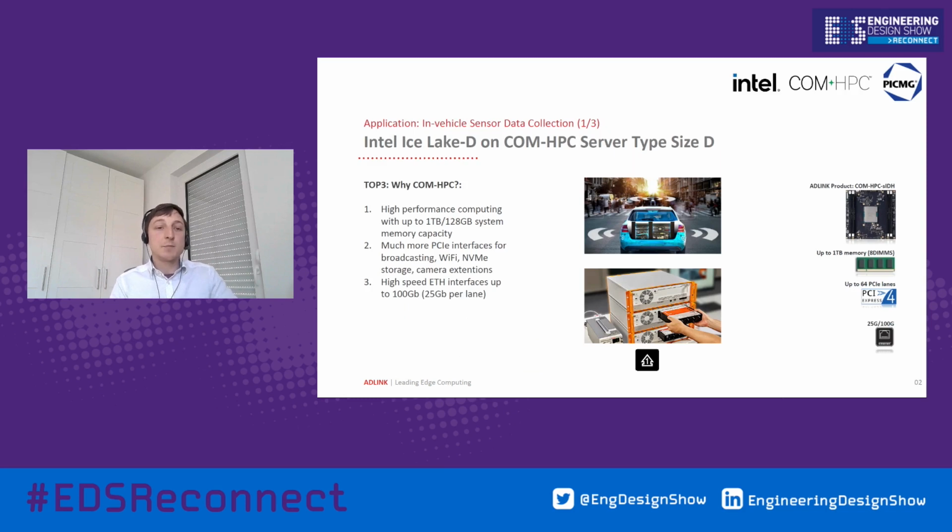The first application is called in-vehicle sensor data collection. It's all about high-end data logging to allow efficient validation of automated driver assistance systems, for instance, onboard networks, as well as autonomous driving functions. One of those systems typically consists of a data logger, some removable data storages, and copy stations.